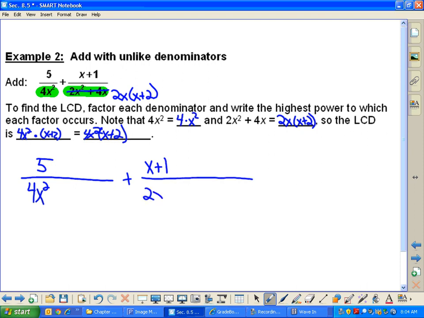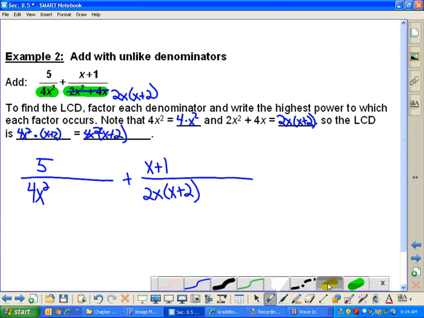And I always bring down the factored version of the denominator so that I know exactly what I have to multiply by, exactly what's missing. So as I compare now with my eyeballs this 4x squared to this LCD of 4x squared times x plus 2, I have to ask you, what's missing? I need to get 4x squared to turn into 4x squared times x plus 2. What's missing?